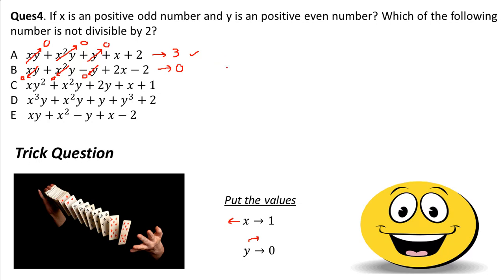But there must be a doubt that in the question it says x is a positive odd number and y is a positive even number. So why did I take y equal to 0? Here it says y is a positive even number. Still I take y equal to 0 because I know that 0 is an even number.